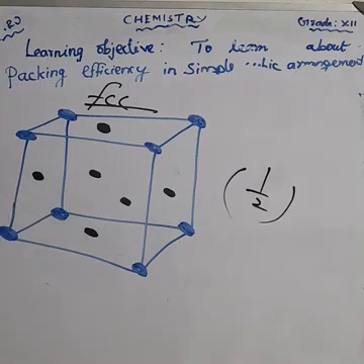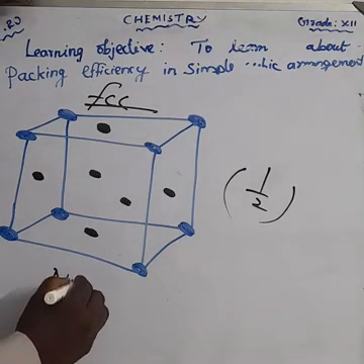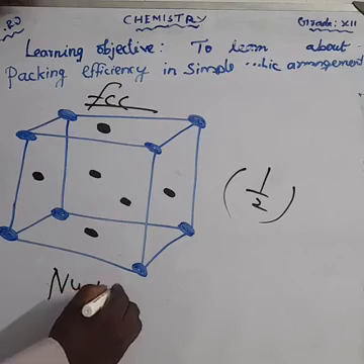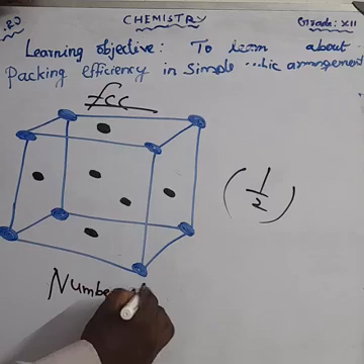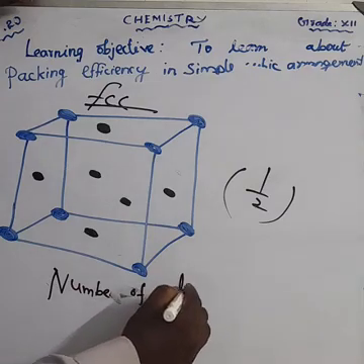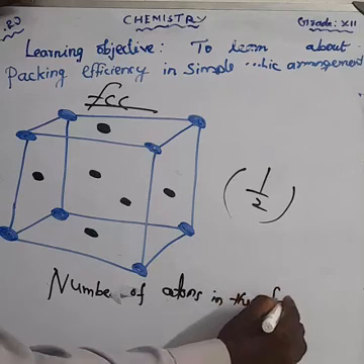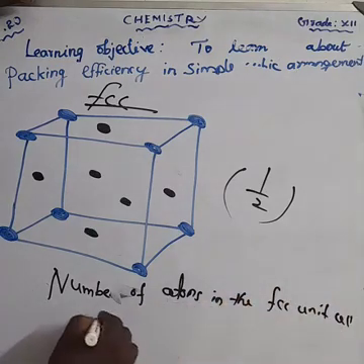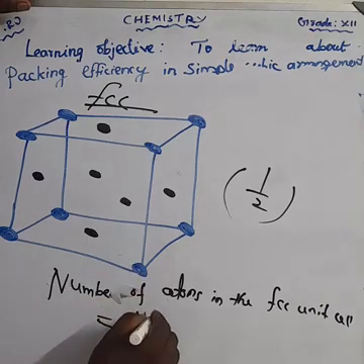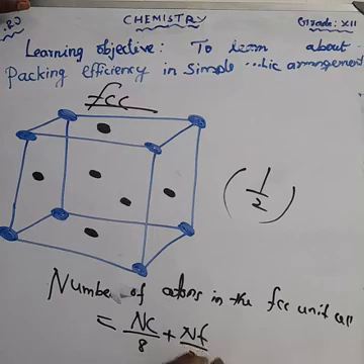So, what is our expected formula? The number of atoms in the FCC unit cell is equal to NC divided by 8 plus NF divided by 2.